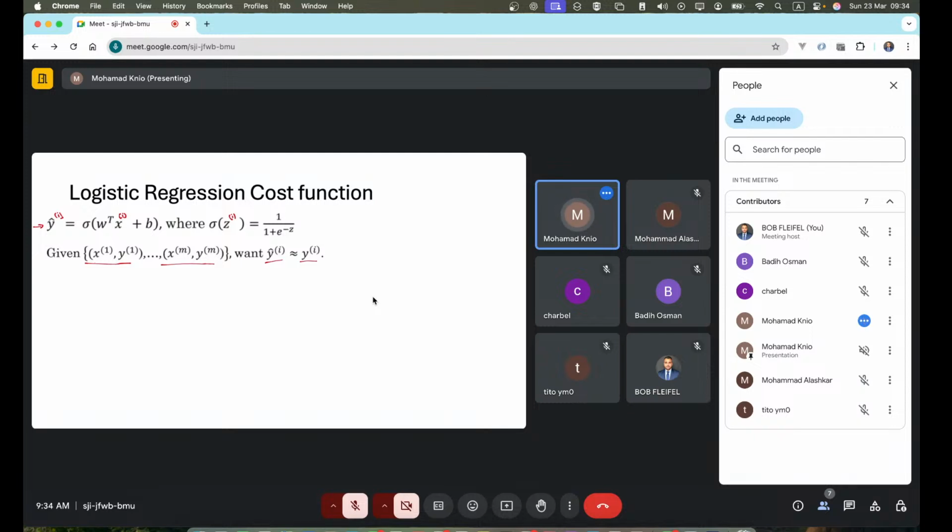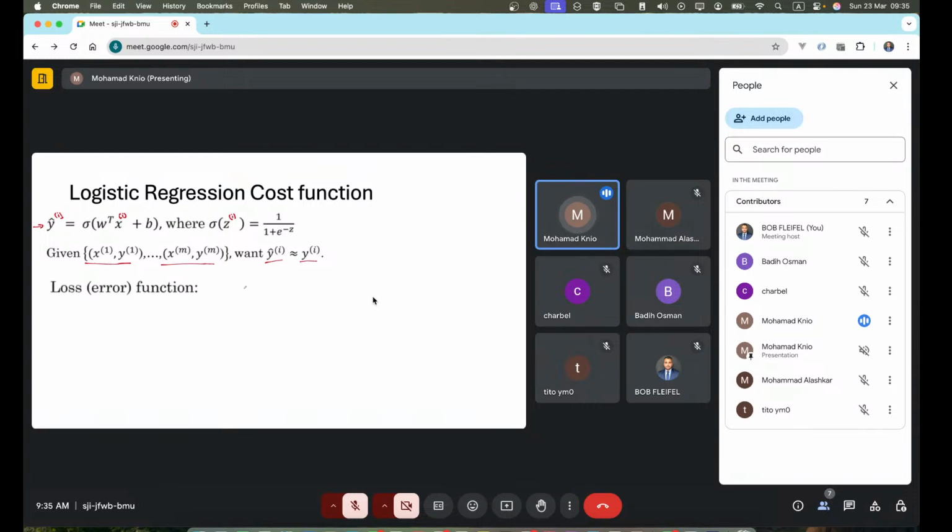So here we have to also define something called the loss error. What a loss error means is how we can measure how good our algorithm is doing. To know if it was doing well or not, we need to compare the difference between y, the truth label, and y hat, and we do this through something called the loss function.